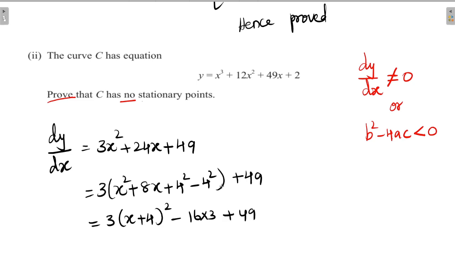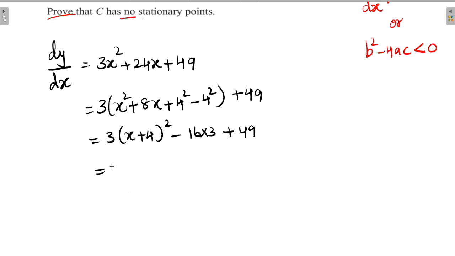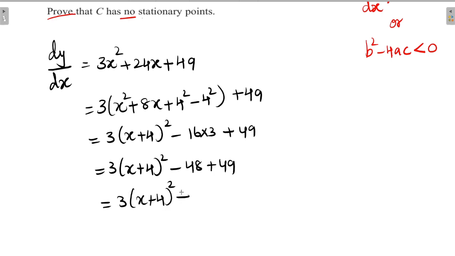This is 3 times (x plus 4) the whole squared minus 48 plus 49, which is equal to 3 times (x plus 4) the whole squared plus 1.